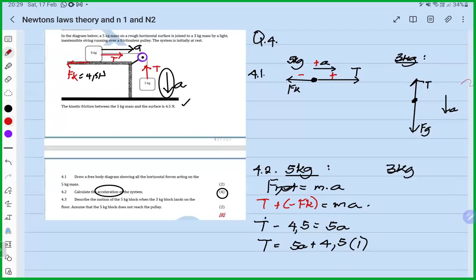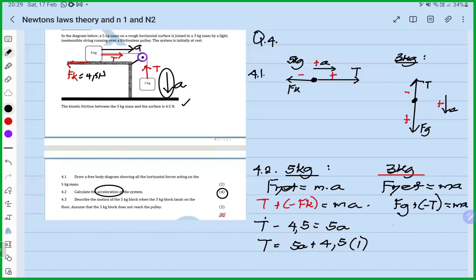I'm going to do the same thing for the 3 kilogram. Again, I must point this out because it's accelerating downwards. The gravitational force is positive and the tension is negative here. So F net equals MA again. And this time it's Fg plus minus T equals MA.